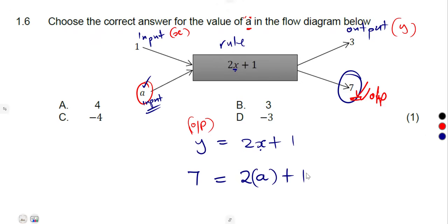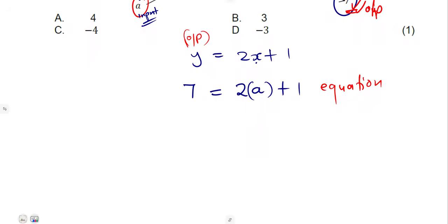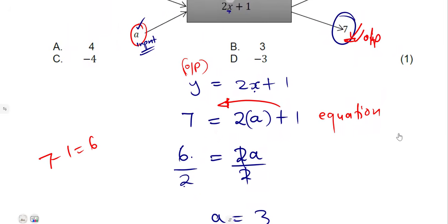So we have formed an equation that we can solve for A. Taking the 1 to the other side is going to be negative: 7 minus 1, which is 6. So 6 is equal to 2A. Divide by 2, guys, so that we can obtain the value of A. 6 divided by 2 is going to give us 3. So A is equal to 3.